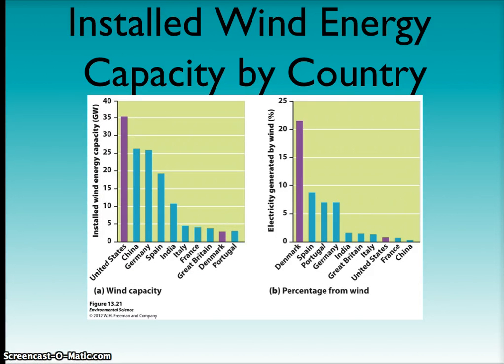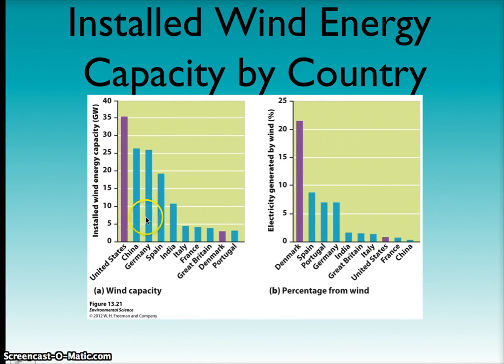So this graph here shows us wind capacity on the left and the percentage of electricity generated from wind on the right. And as we can see on the graph from the left, the United States has the greatest wind capacity out of all the countries that are listed here. By and large, 35 gigawatts of electricity is produced from wind in the United States.